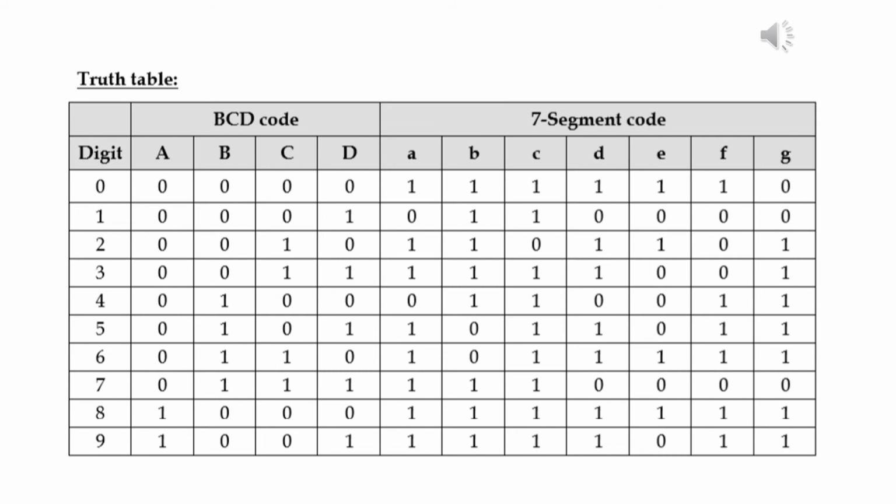So the values for A, B, C, D, E, F will be considered as 1 and G is considered as 0. By using this procedure, we can activate the different segments in the 7 segment display for displaying the corresponding digits. For example, if we want to display the digit 9, then the segments A, B, C, D, F, G should be given the value 1 and E should be given the value 0.